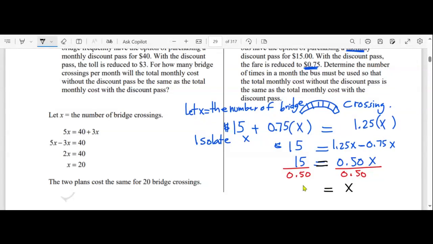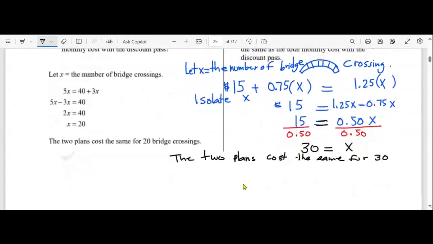So either you use a discount or without discount, they are the same. How many times crossing? So we say the two plans cost the same for how many crossings? 30 bridge crossings.